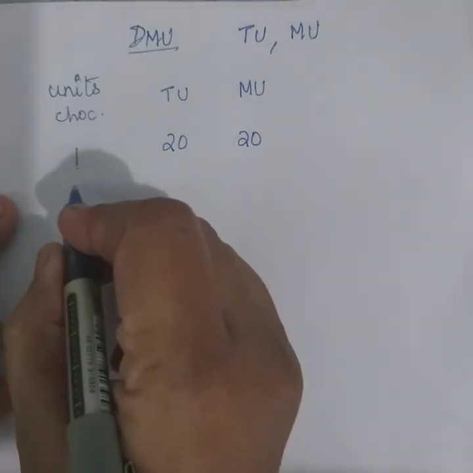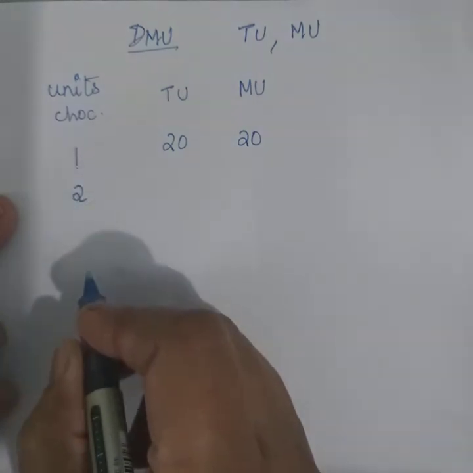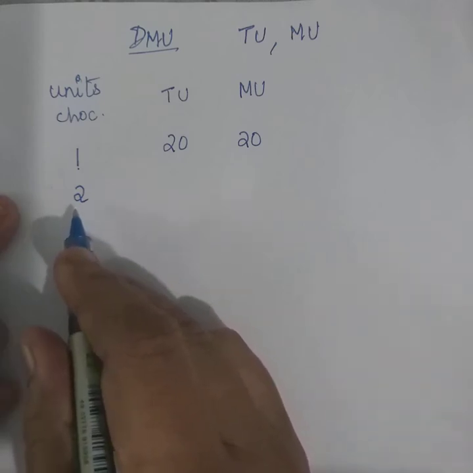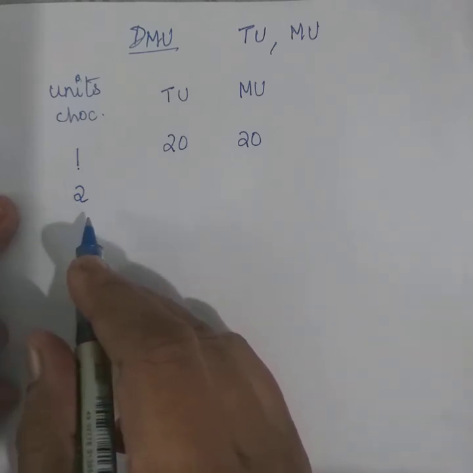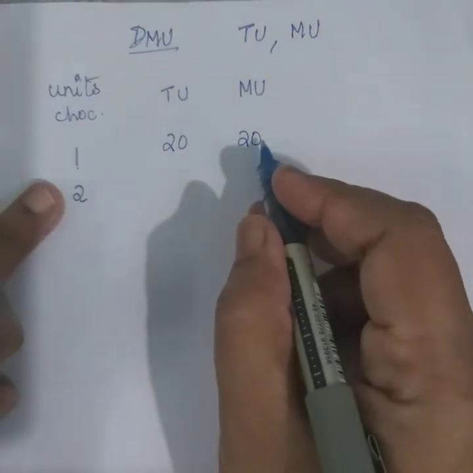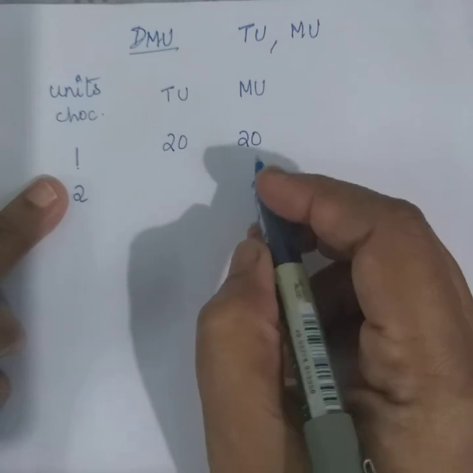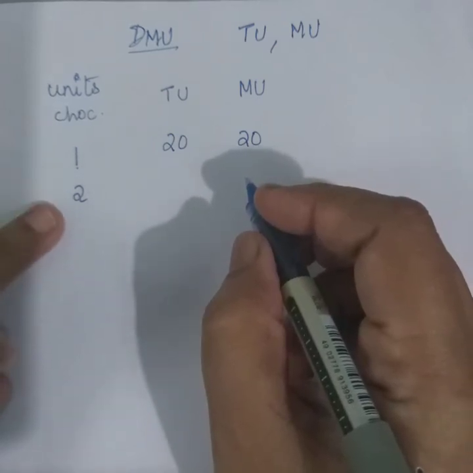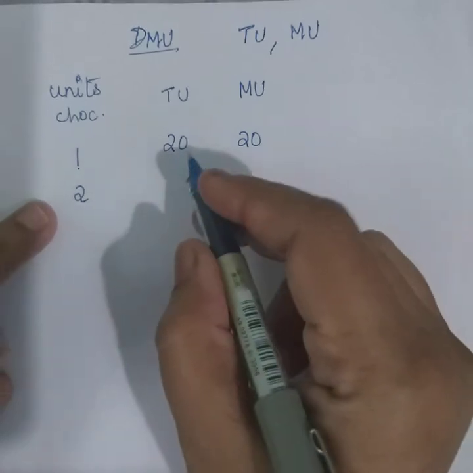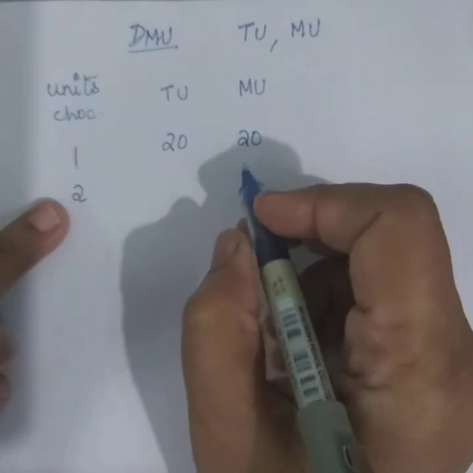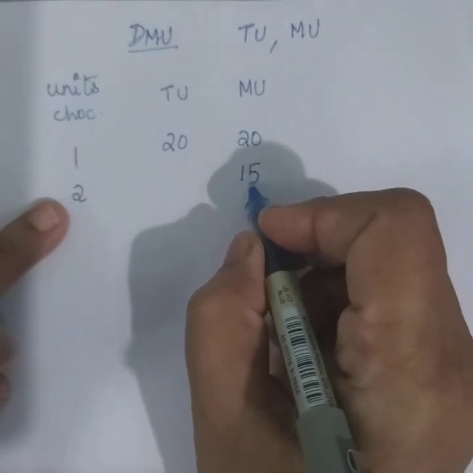Now, when he or she consumes the second unit of chocolate, it gives the consumer lesser utility compared to the first unit. Let's say it gives him 15 utils.